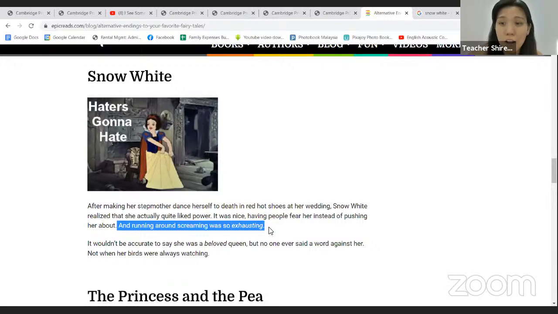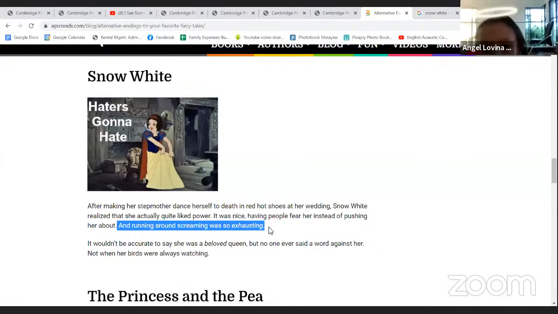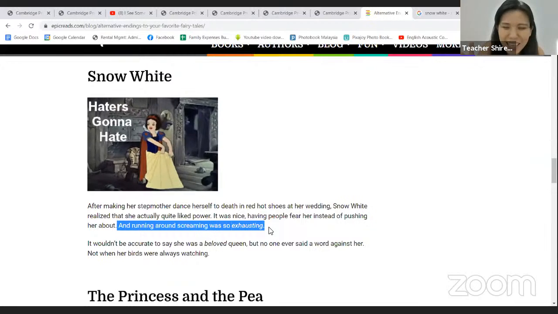Oh no! Snow White is not a good person anymore. Then after that, when she lost her power, she finally realized, oh no, what I did was so bad. Now I realize what are the bad things I did.